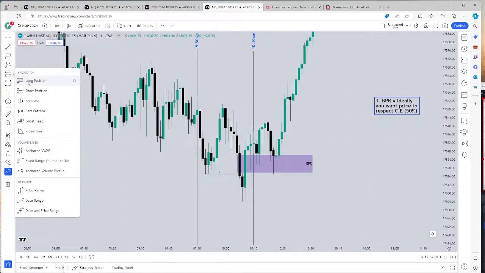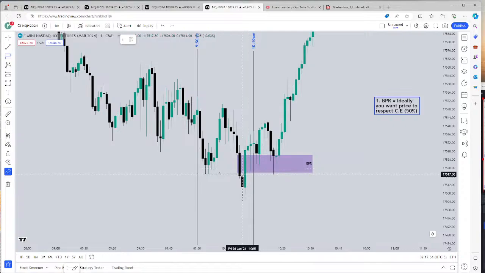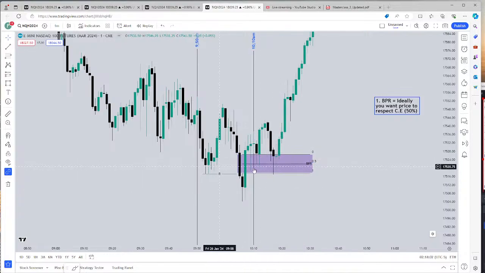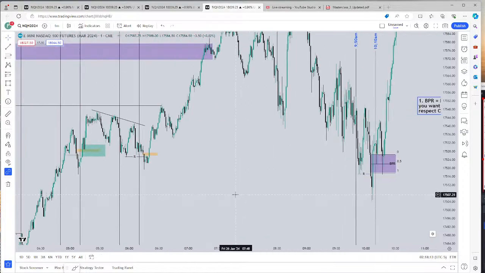So if I do the Fibonacci and get this BPR out, you want the bodies to respect the halfway point. And do the bodies respect the halfway point? They do. This is the beauty of BPRs. Obviously, this is paired with other confluences.